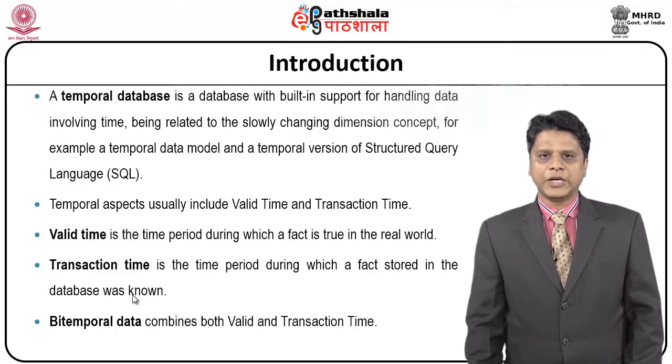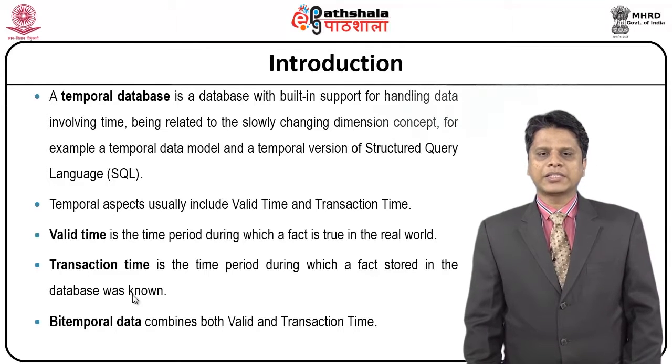So now there seem to be two different timings that exist as part of the single record. One is the actual fact in the real world, which is called valid time, and the second one is also a fact, but this is an update to the database. So this becomes the transaction time.